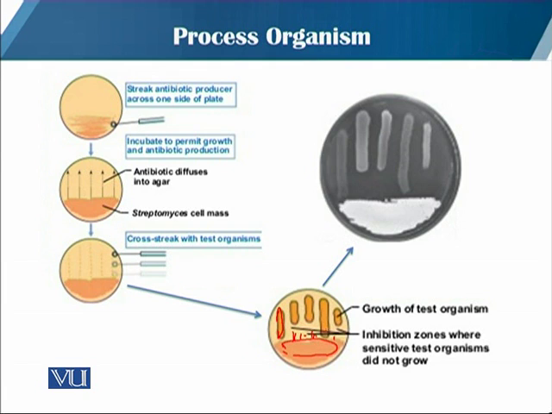If an organism has resistance to that antibiotic, it grows into that zone. If it is very sensitive, then you can see that the growth will be restricted.